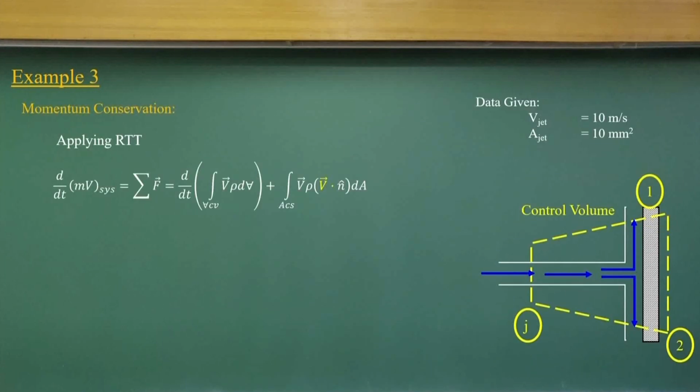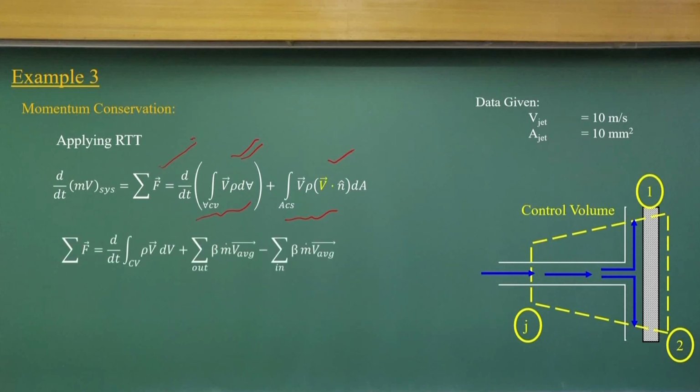Momentum influx will equal momentum outflux, and if I apply the Reynolds transport theorem as the basic equation, the sum of the forces acting on this control volume will be the rate of change of momentum flux storage within the control volume plus the net outflux of momentum flux passing through the control surface.